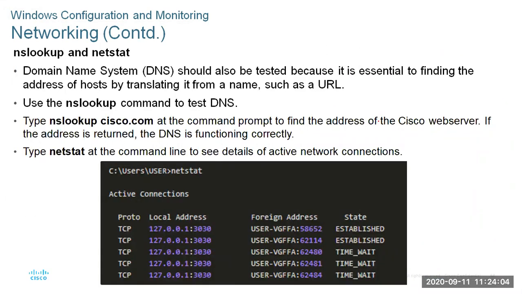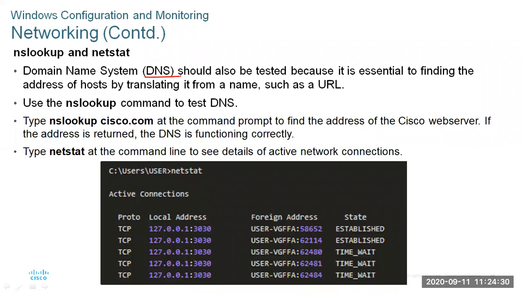So how about the Domain Name System? It should be tested, because it's essential to finding the address of a host and translating. Now, what is DNS, Domain Name Service? When you have a domain name trying to reach an IP address, the DNS actually resolves it and maps it.